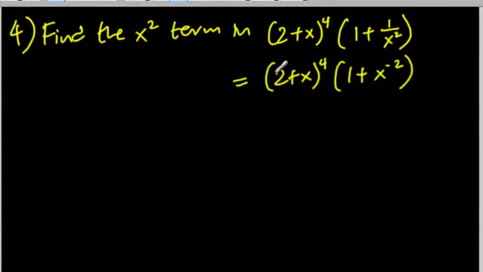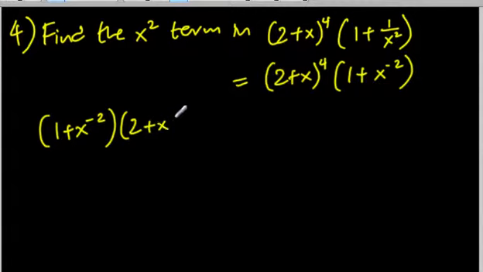So in other words, we have to expand this, multiply with that, and figure out which term is the x squared term. So what I like to do is rearrange this. I'm going to say this is (1 plus x to the negative 2) times (2 plus x) to the power of 4. Let's expand this.